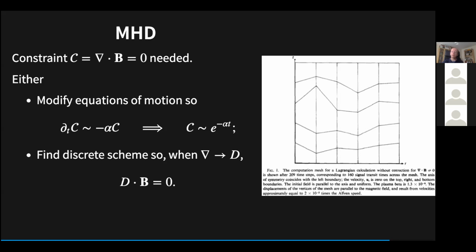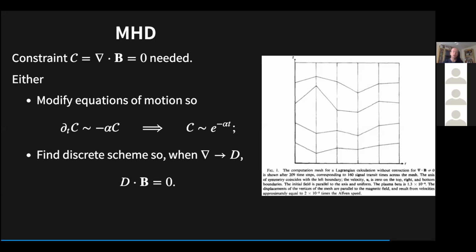The main advantage of the constraint propagation is its simplicity. When we've got a framework for solving large systems of PDEs, as we've built for solving the rest of the equations of motion, then adding one or two equations of motion for the constraints and a couple of extra source terms, that's very straightforward to add to the effective ODEs that we have.